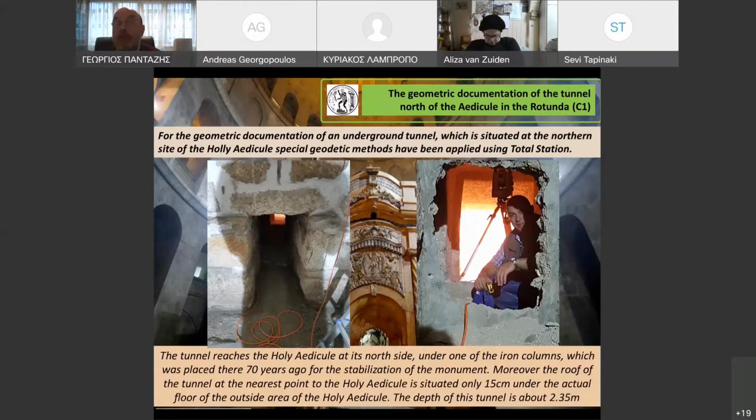For the geometric documentation of an underground tunnel, which is situated at the northern side of the Holy Edicule, special geodetic methods have been applied using, of course, a total station without reflector. This tunnel reaches the Holy Edicule at its north side under one of the iron columns.